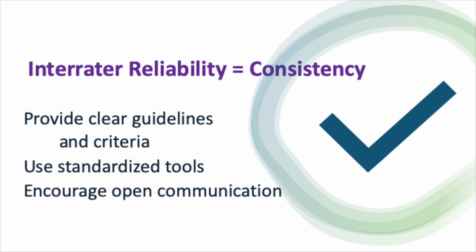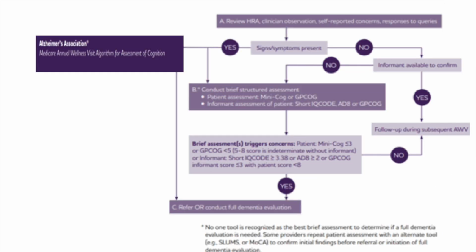So in your books, there's an algorithm for assessing cognition. This should happen during the annual wellness visit. So first comes a health risk assessment, and that should be asking more than just the question, how has your health been lately? It should be questions about psychosocial risks like depression or stress or anger or pain or loneliness or fatigue.